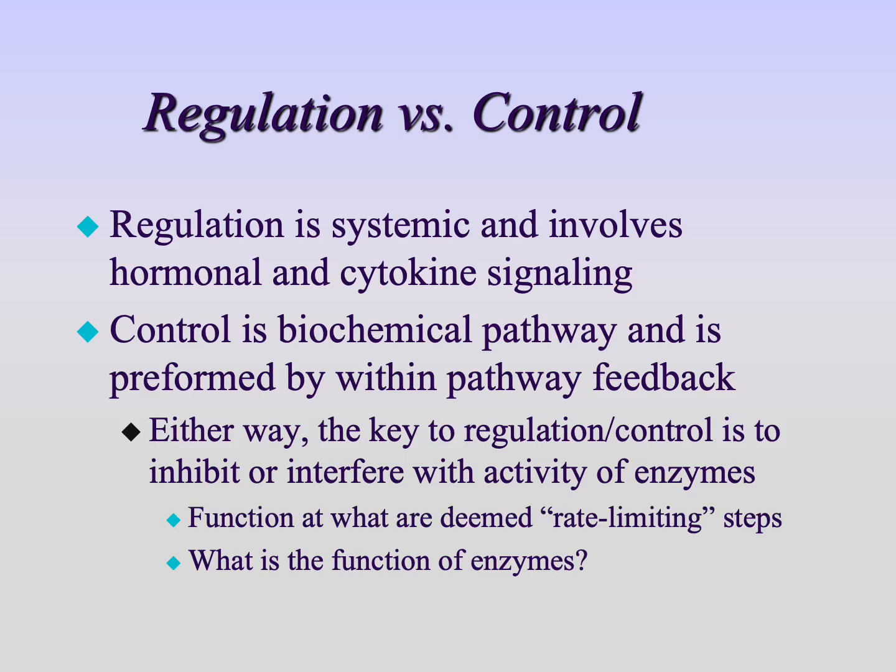The function that they regulate is deemed the rate-limiting step. The enzyme at the rate-limiting step is referred to as the rate-limiting enzyme. It's controlling how much energy is necessary for that pathway to take place, or it's controlling the directionality by which that pathway step takes place.